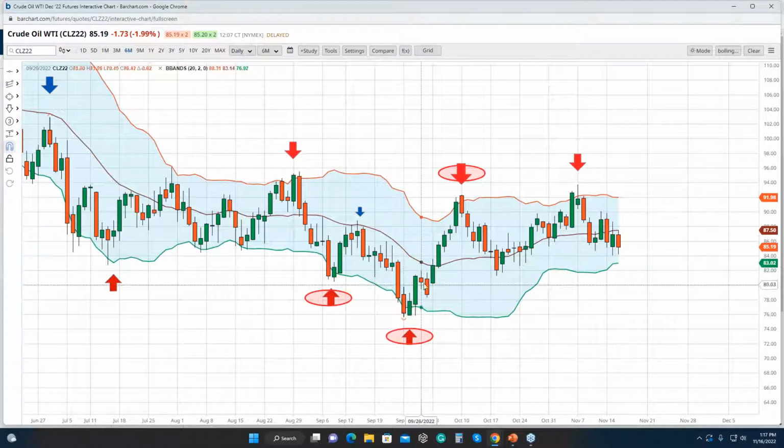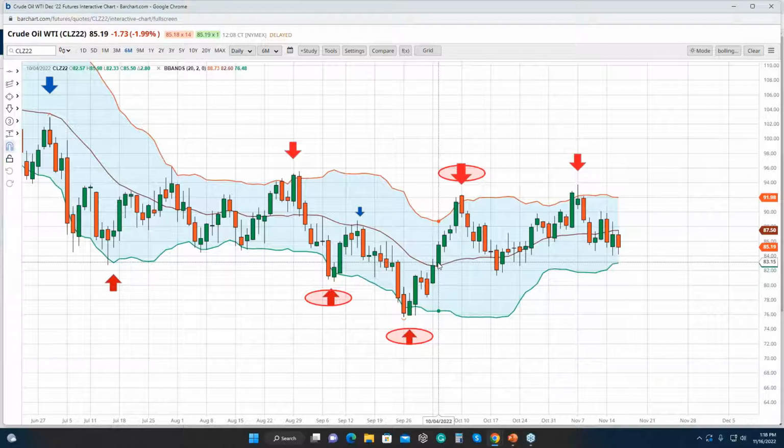So once price recaptured the mean and traveled towards the outer band, could you use a trend following system? For sure. But again, we might want to think about our trend in maybe a higher time frame. Now, this is a daily, but we'll investigate that in a moment.